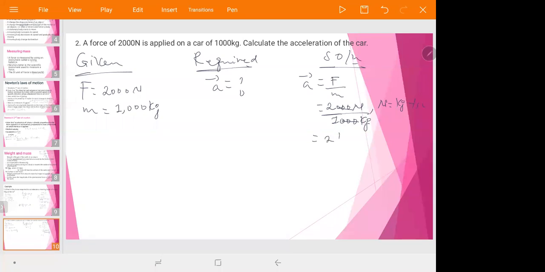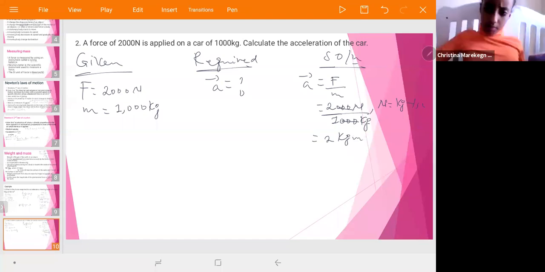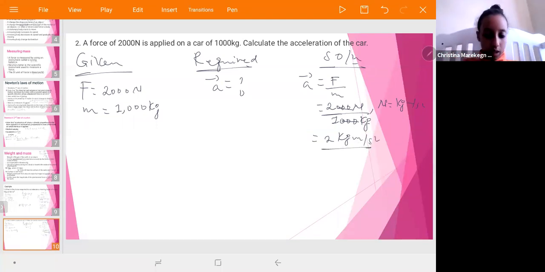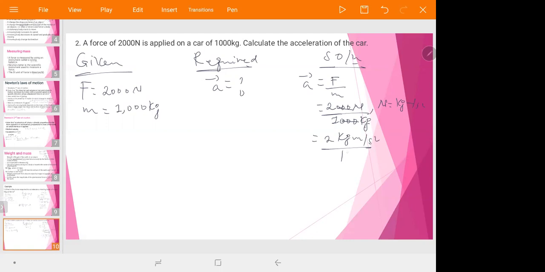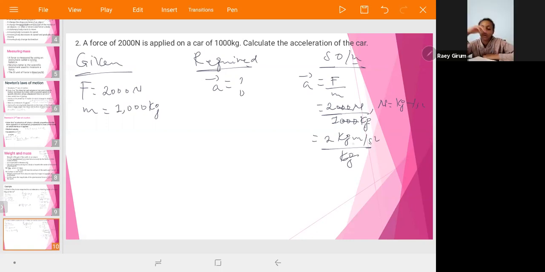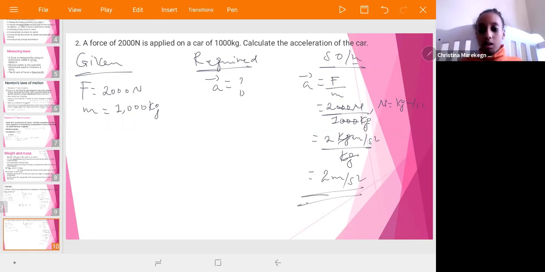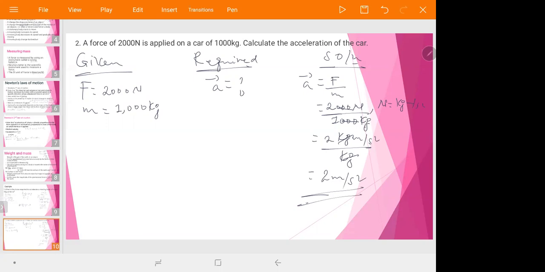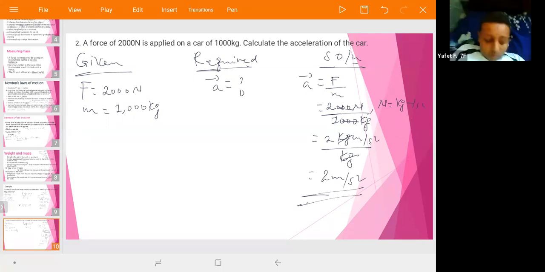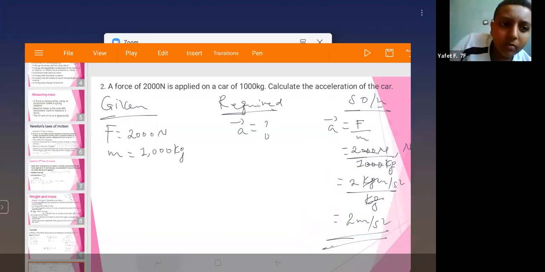Therefore, 2000 Newton divided by 1000 kilogram. You can cancel 3 zeros by 3 zeros. Then 2 kilogram meter per second square over kilogram. Kilogram cancelled by kilogram, you will get 2 meter per second square. The acceleration of the body.